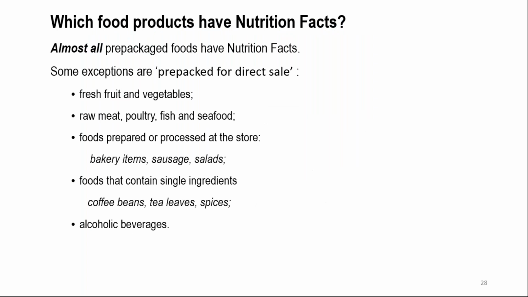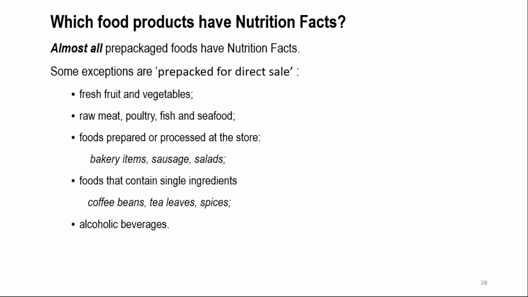So which foods are given nutrition facts? Almost all the prepackaged foods have to give the nutrition facts according to the law, either by FSSAI, or by FDA in the US, or by EFSA in Europe, or Japan or New Zealand.